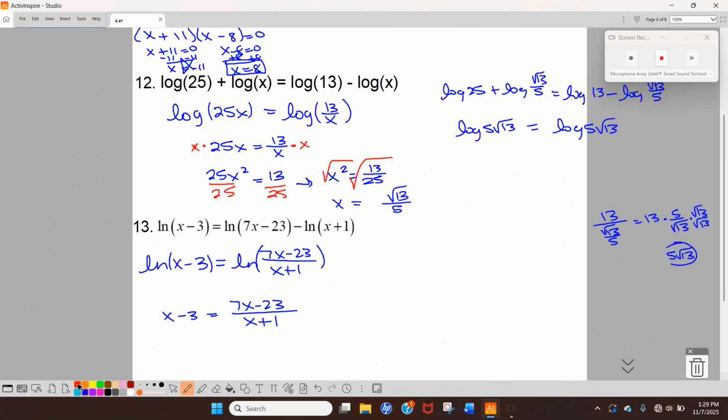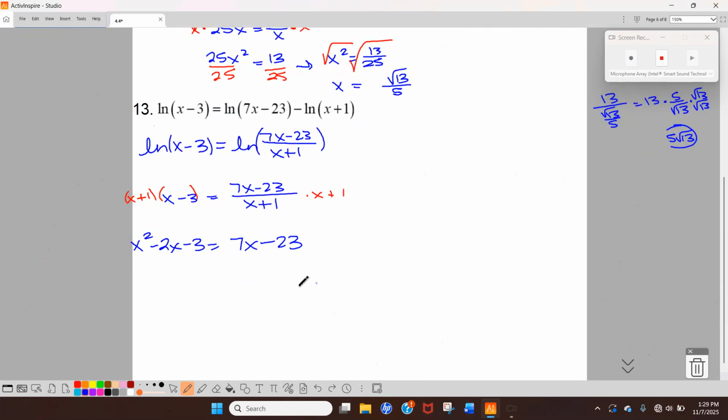So then we'll multiply the x plus 1 to both sides. So then this will multiply out to x squared minus 3x plus 1x, so minus 2x minus 3. Here they cancel, so it's just 7x minus 23.